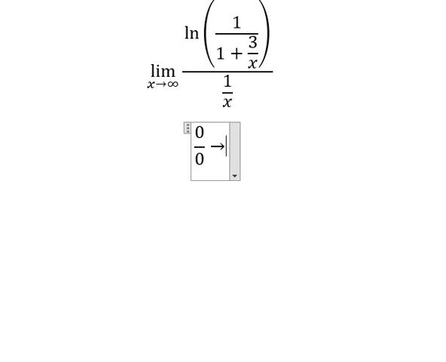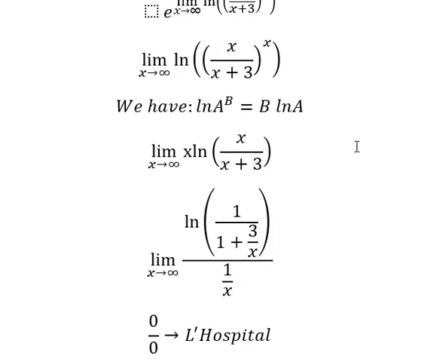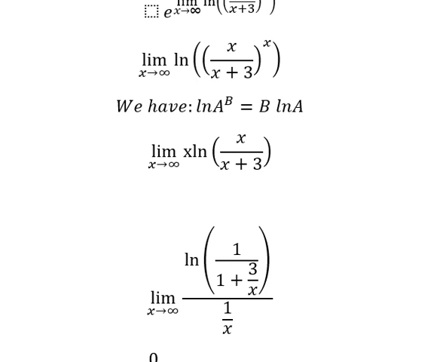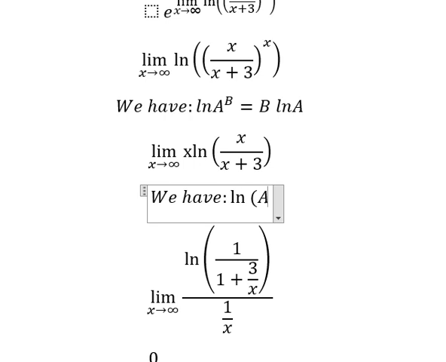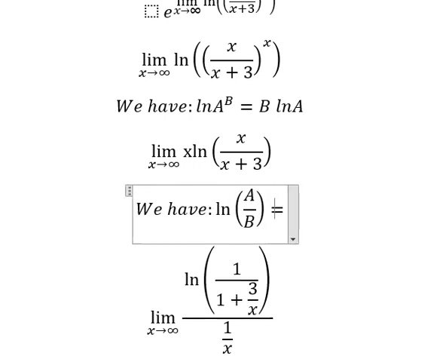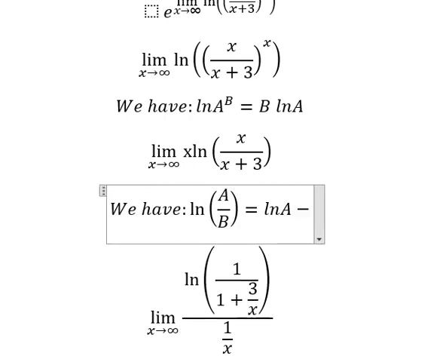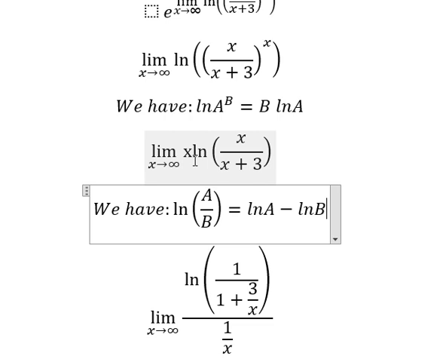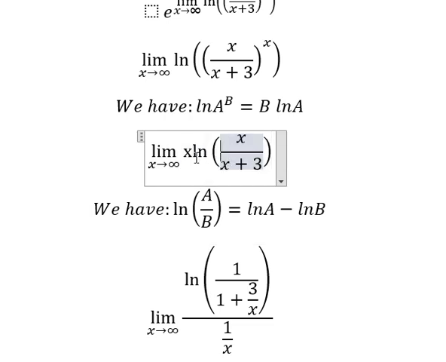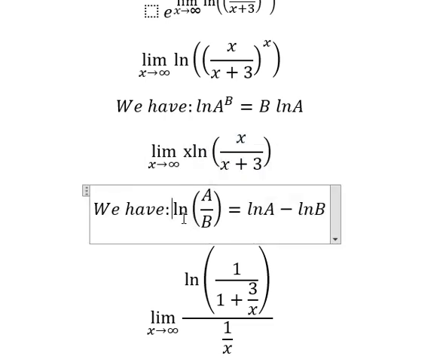So we can use L'Hôpital's rule. So I will select this one. So in this situation, we have the formula in here. So this one, that is about f prime of a over b.